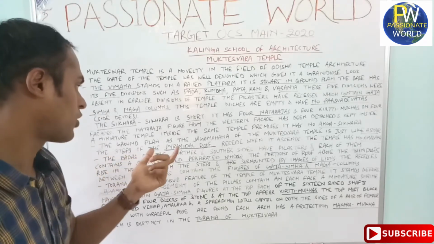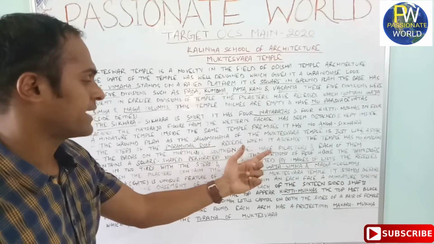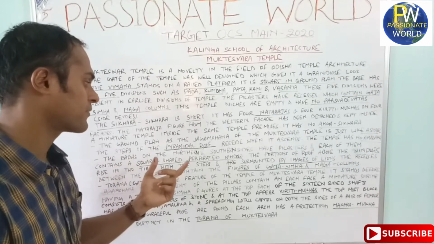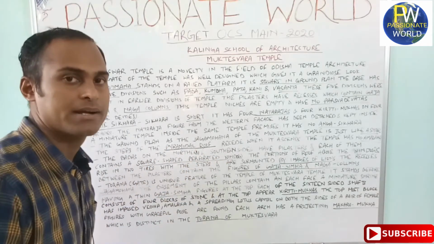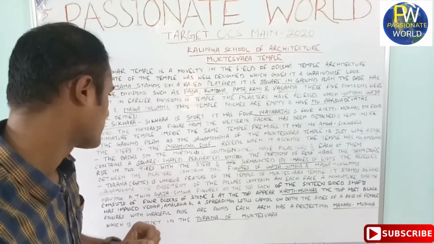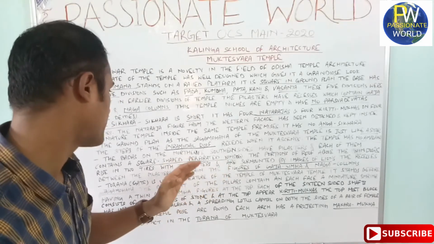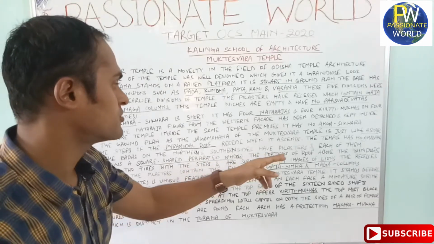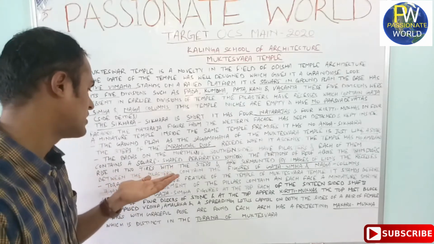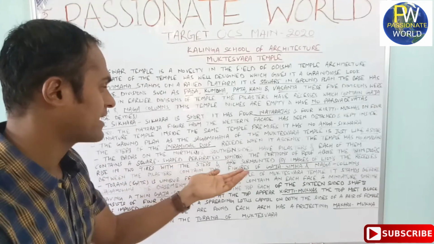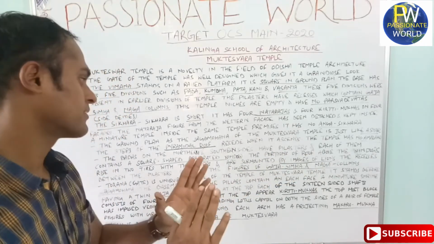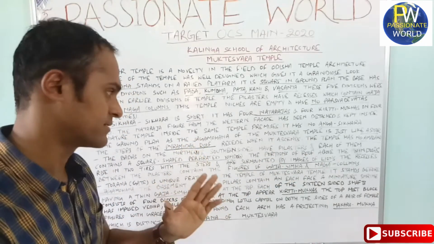Then on the borders of the northern and southern sides there are pilasters, and each of them contains a square shaped perforated window. The portions of the roof above the windows rise in two tiers with steps and are surmounted by images of lions.